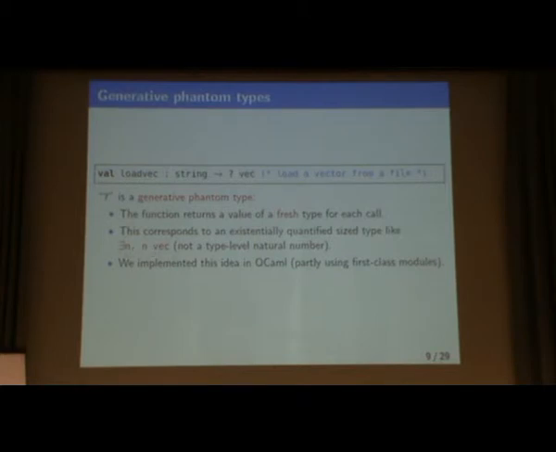So every time a value of this type is returned, this n is existentially quantified and may be different from each other. And we implemented this idea using OCaml, here using first-class modules, which is a slight extension to standard ML. But essentially, this is the only extension to the ML module system we have used.